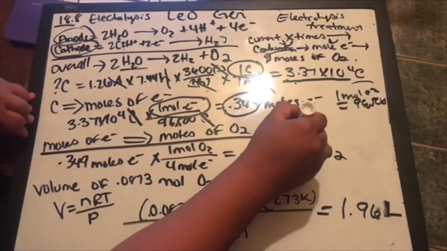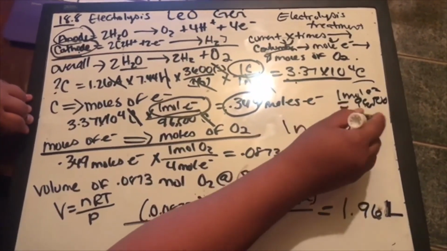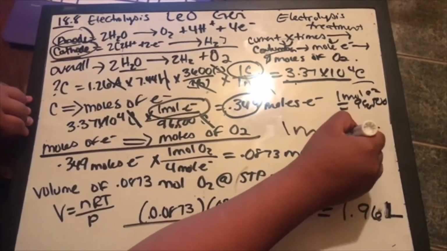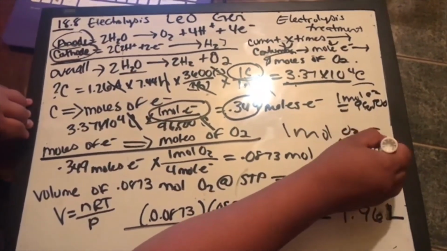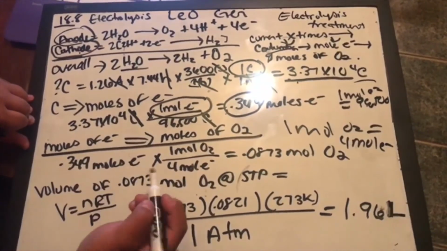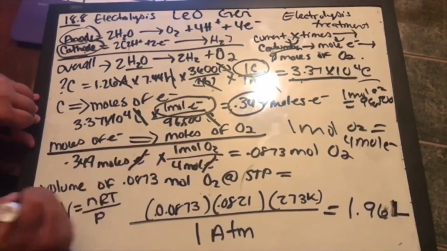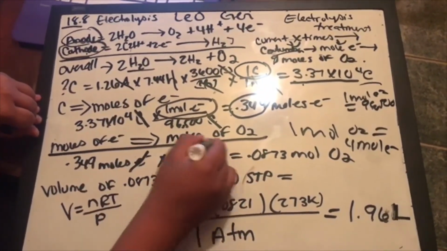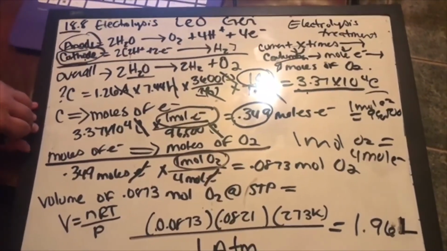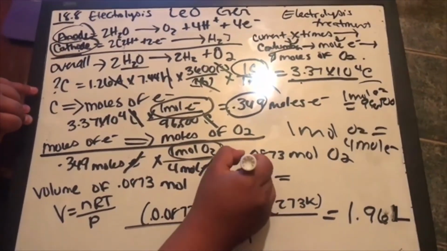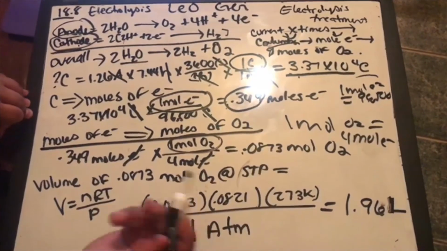So 1 mole of oxygen equals 4 moles of electrons. We cancel these out, and we're left with moles of oxygen. Once we calculate that out, we are left with 0.0873 moles of oxygen.